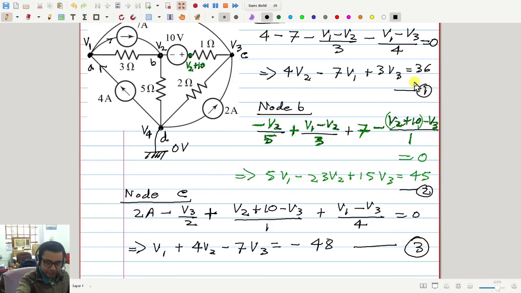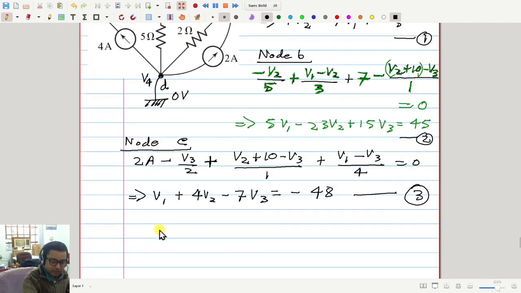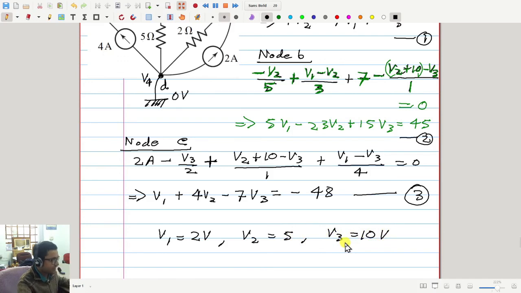So there are 3 unknowns and 3 equations, and if you solve, you will get the values of V1, V2 and V3. What I got is V1 equal to 2 volt, V2 equal to 5 volt, and V3 equal to 10 volt. That is the answer that I have got. Please check if it is correct.